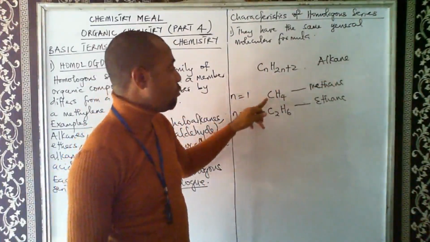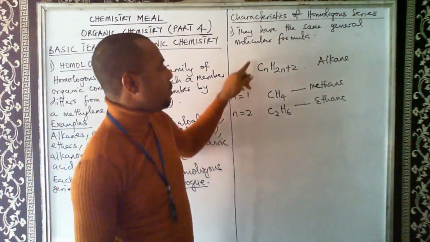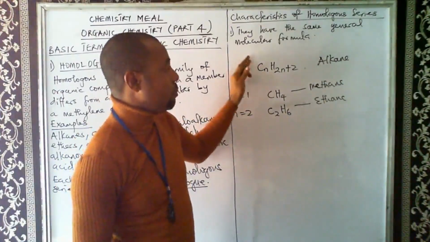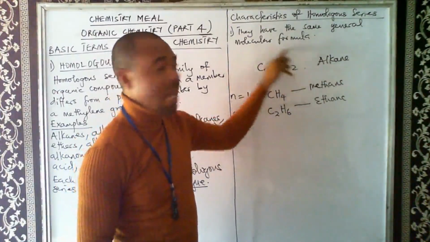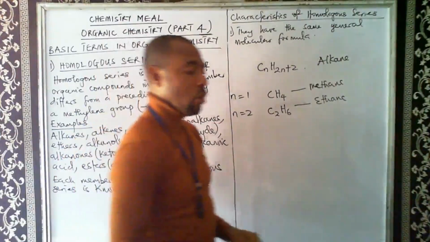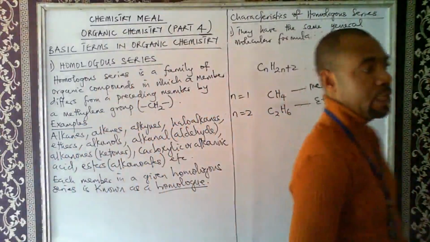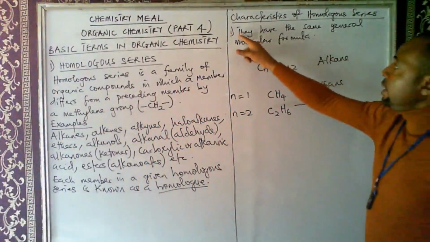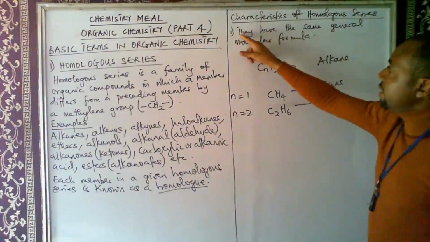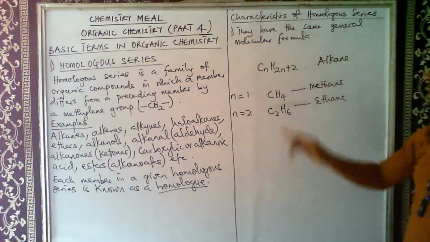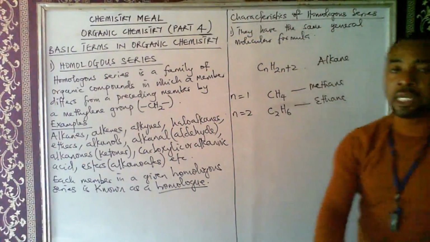So all the members in the alkane homologous series were formed from this general formula, showing that the general formula of methane is the same as the general formula of ethane, and the same for propane. So if you want to form any alkane, this is the general formula of the alkane. That proves that in any homologous series, the first characteristic is that they have the same general molecular formula, like we can see in alkane.